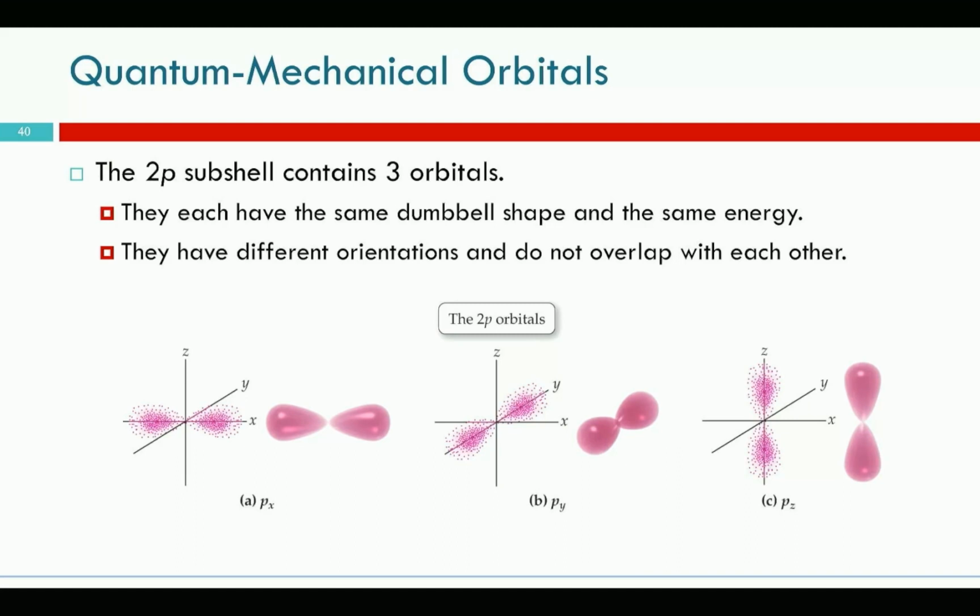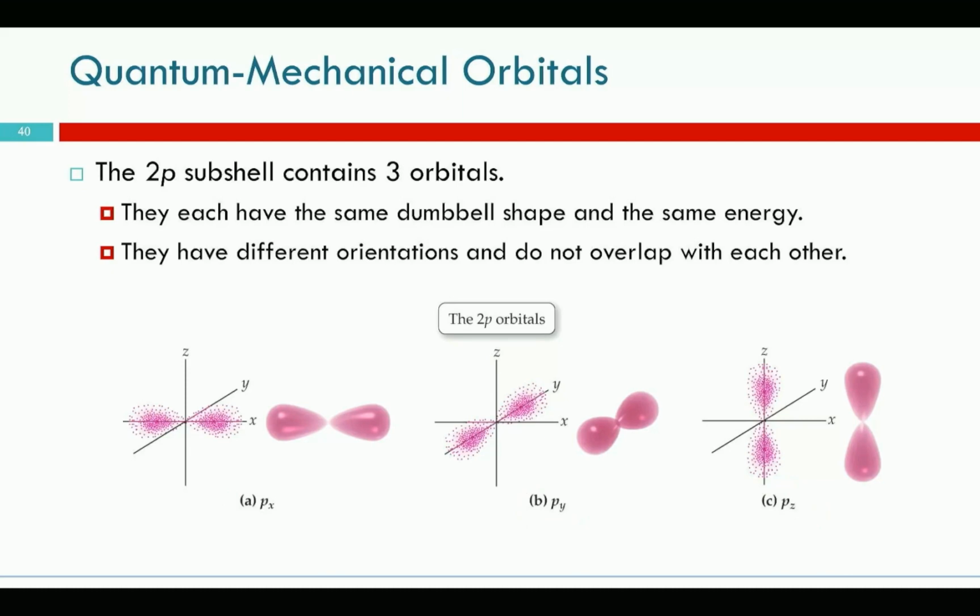And if we draw out a coordinate system, we've got our x, y, and z. Each of those orbitals is on one of those axes. And we label them something like this, where it's p sub x. So that's the p orbital on the x-axis, the p orbital on the y-axis, and the p orbital on the z-axis. And really, those are all relative to each other. So it's a different shape.